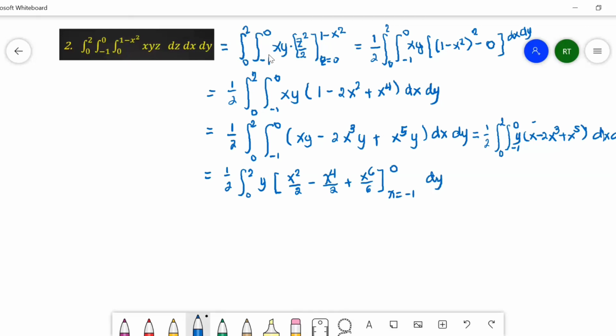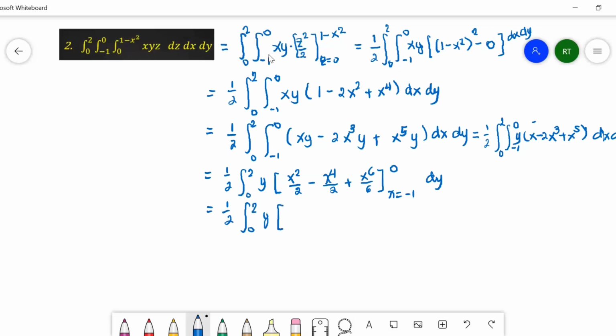So what's next? We evaluate the resulting integral at x equal to 0, minus the value of the resulting integral when x is -1. So we have 1/2 integral from 0 to 2, y is constant.